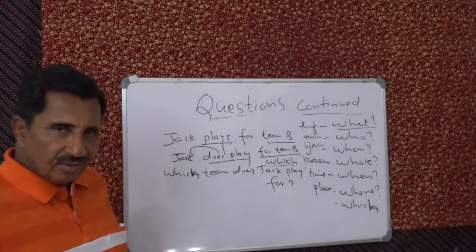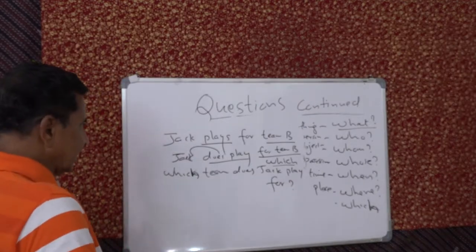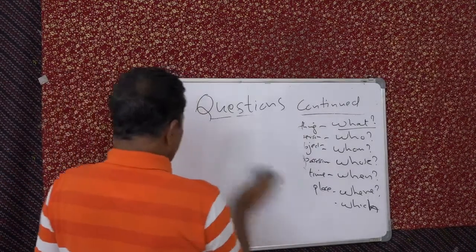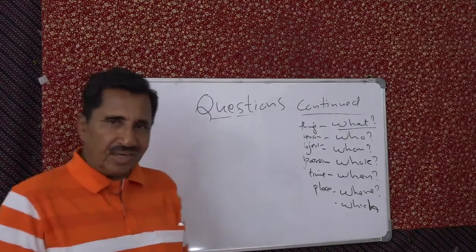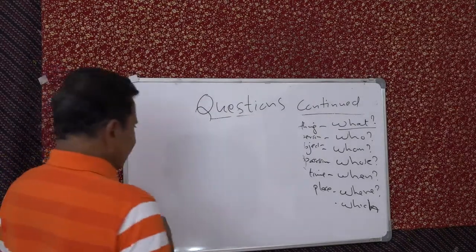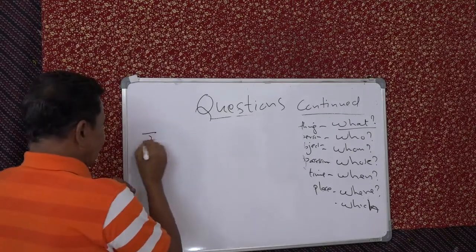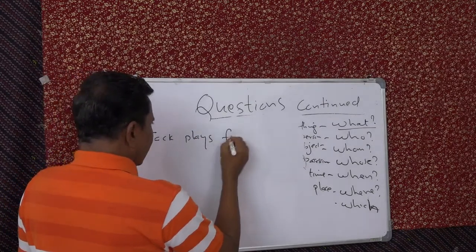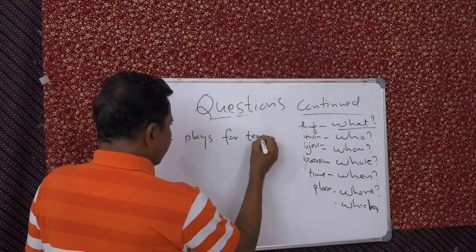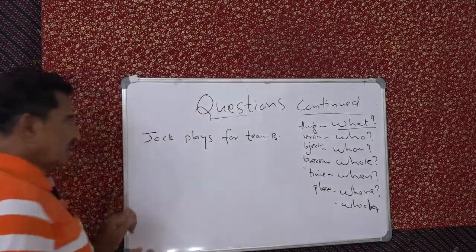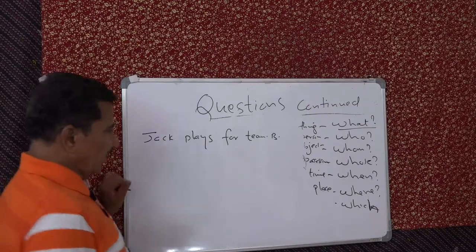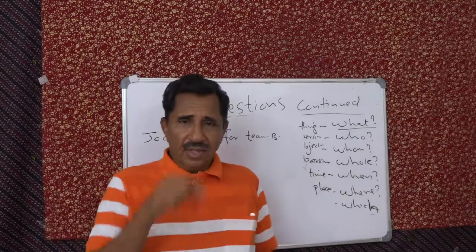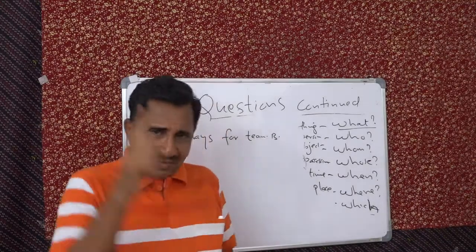Did you get that? Not yet? Okay. Let's see once again. I will write all the steps so that it becomes clear to you. So it's good to have some confusion, no? Jack plays for team B. Simple statement. Now, what you want to use is which. There are many teams, A, B, C, D. So you have to identify which team.